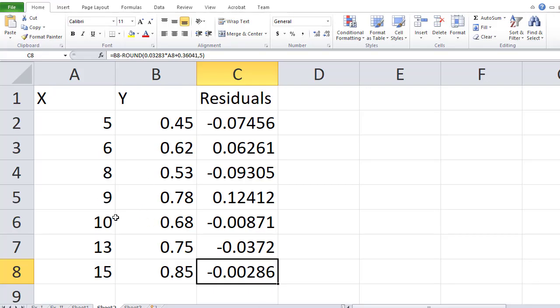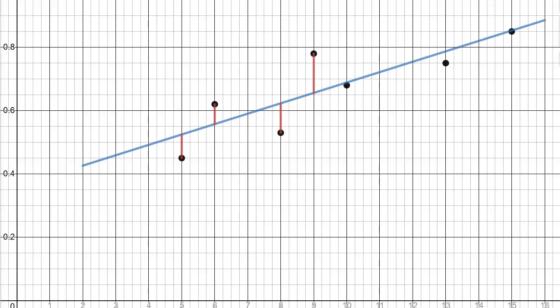But E5 was this value right here, and it was negative, obviously, and so the line was indicating that small value, with a little red line pointing down. And then for the other points, the residual is extremely beneficial when you're looking at something like this, where even if I zoom it in or zoom it out, we're still going to see a small distance.